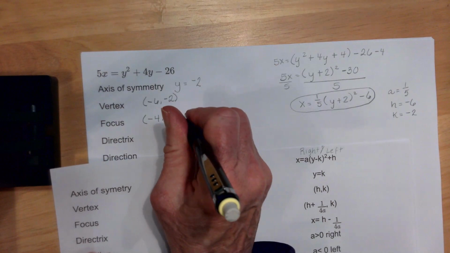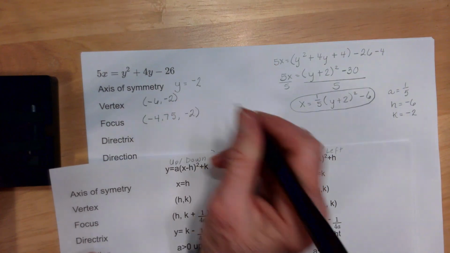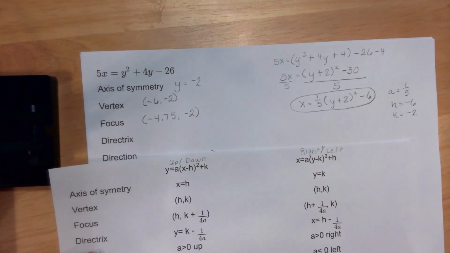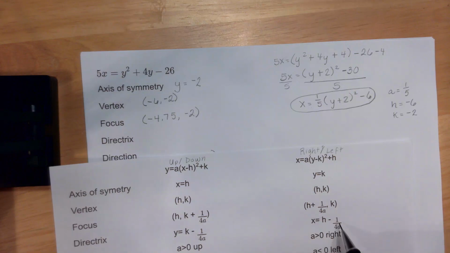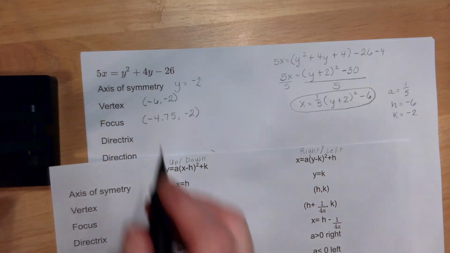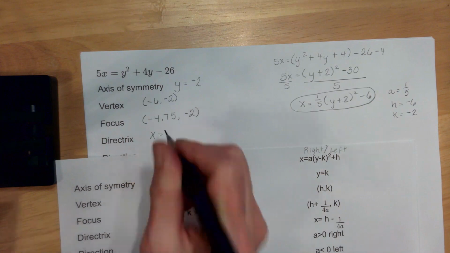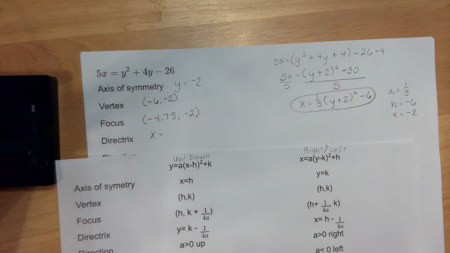The K value is -2. Okay, your directrix is going to be your H minus the 1/4. So this is the H plus 1/4 for your focus. The directrix is going to be X equals, and it's going to be -6 minus 4.5.